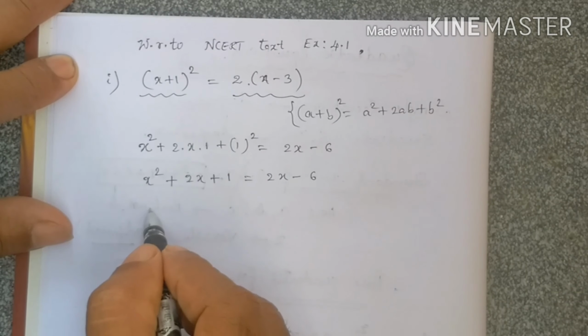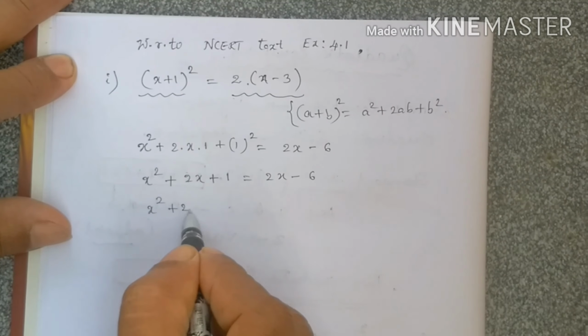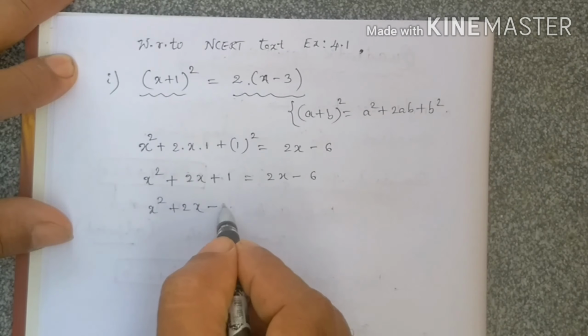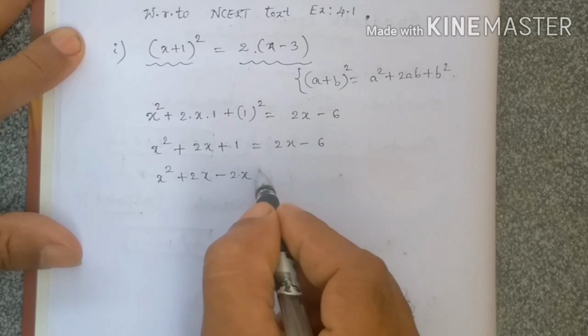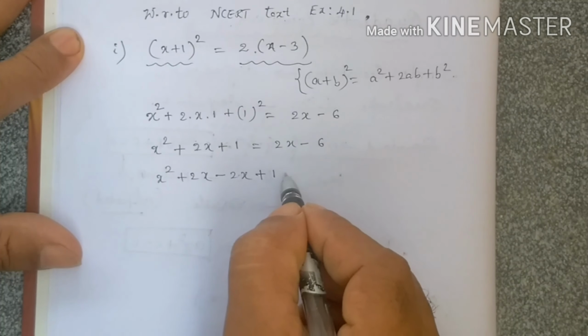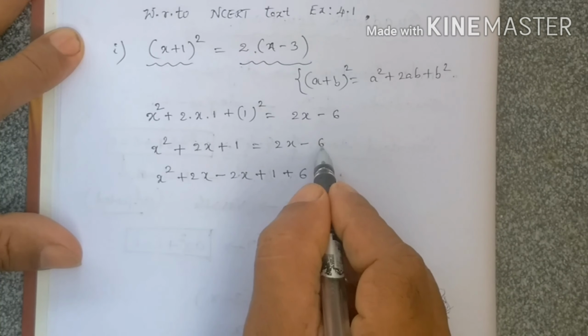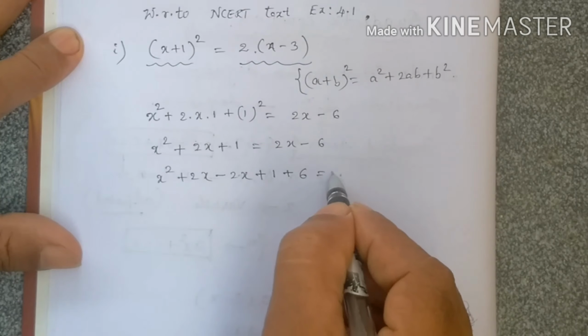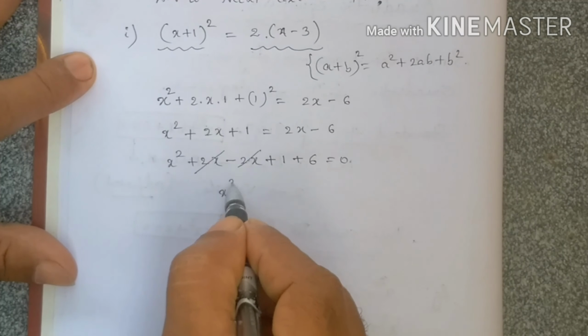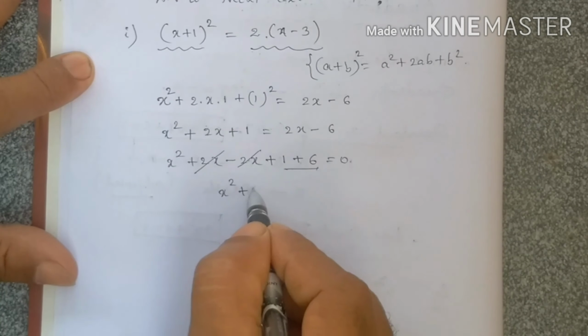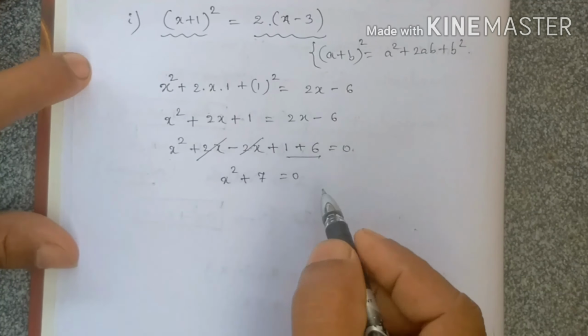So x² + 2x, transfer this 2x to LHS from RHS, that becomes −2x + 1, and I can shift that −6 also to LHS, that becomes +6, equal to 0. If you simplify this, you get x² + 6 + 1 = 7, so x² + 7 = 0.